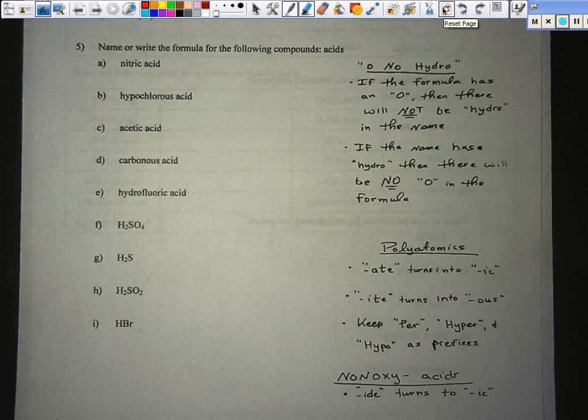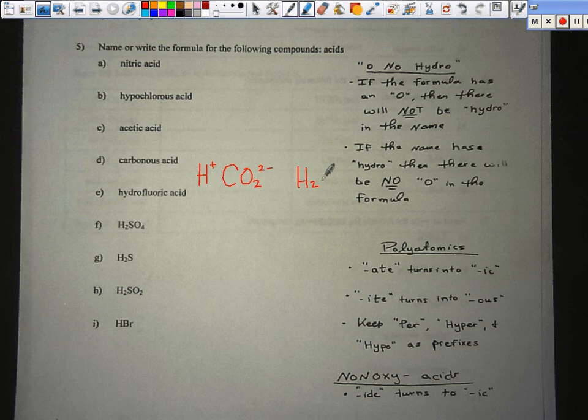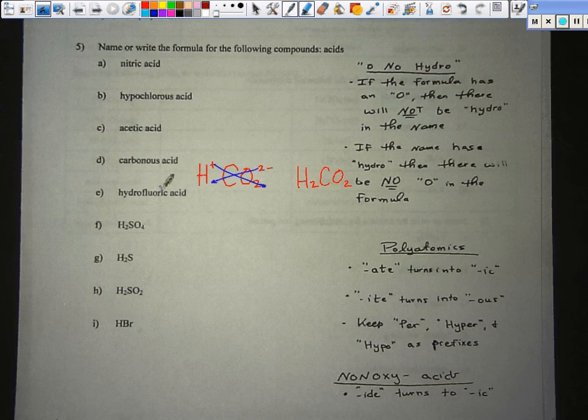So it's H plus CO2 2 negative. So when you crisscross, what happens? H2CO2. Because when you crisscross, the 1 goes there, the 2 goes there. It's because it wasn't a parenthesis. Yeah, because I didn't put it in parentheses. Does that help?